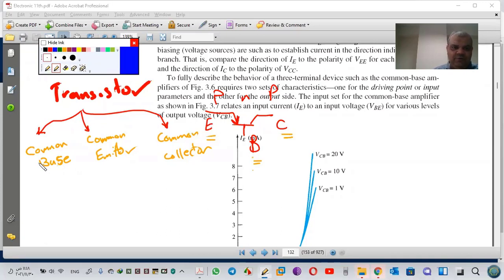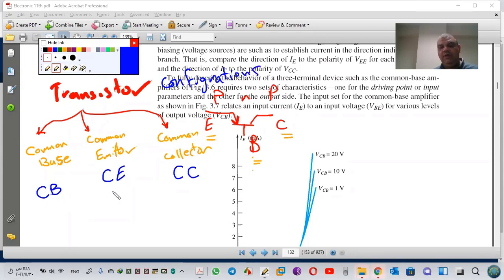So for that reason, for common base, we have the CB symbol. For common emitter, we have the CE symbol. For common collector, we have the CC symbol. So we have the common base, common emitter, and common collector configurations of transistors.